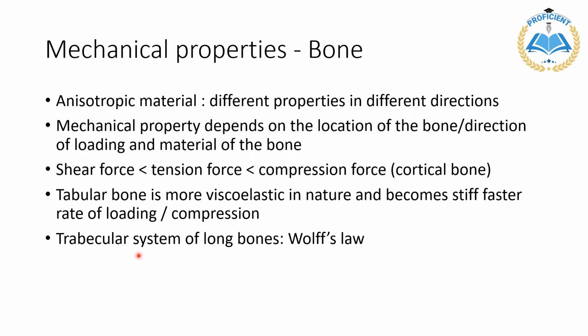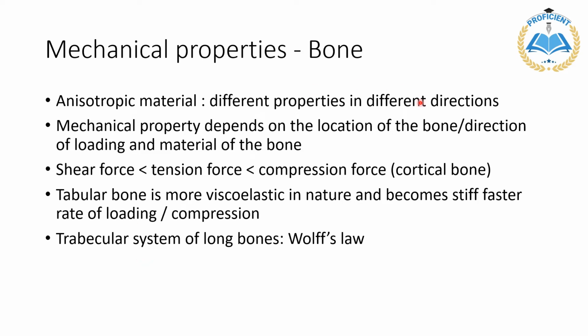Whatever load is there passes through the bone during weight bearing. The trabecular system develops along this line, and this gives the viscoelastic nature to the bone. That is, it allows the bone to be a little more malleable and a little more elastic when compared to cortical bone.